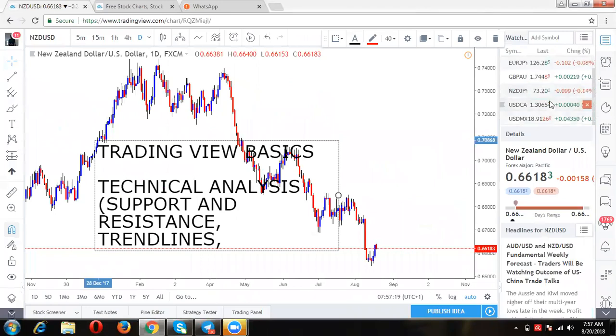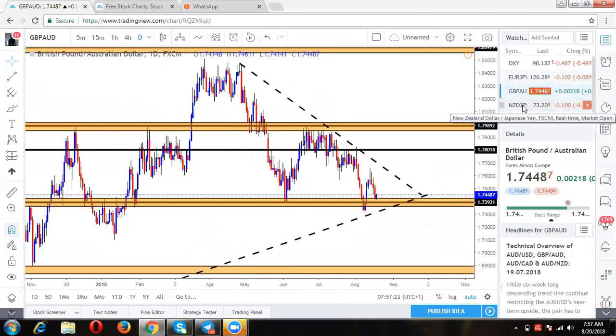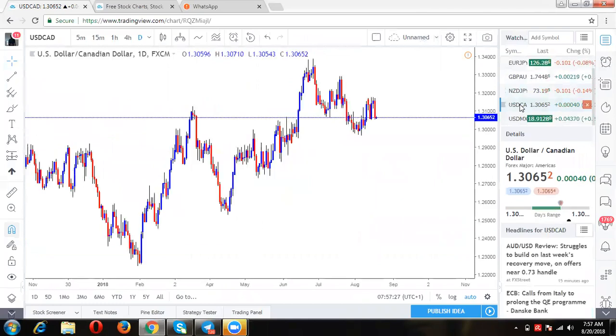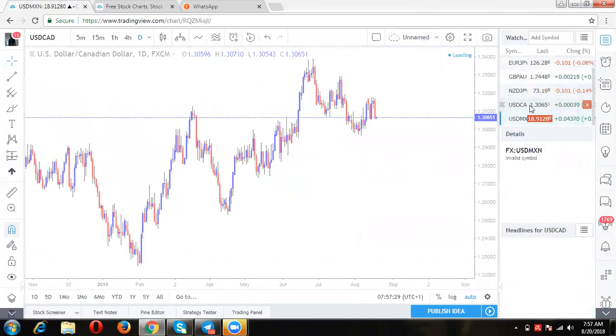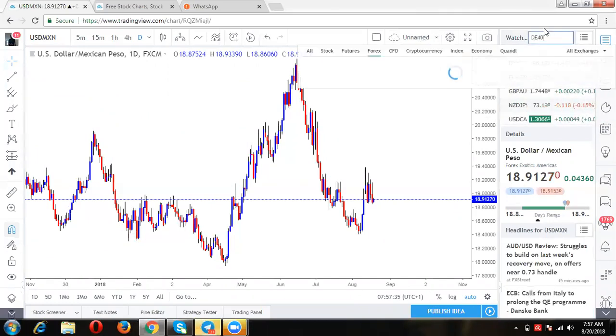Some pairs I look out for: GBPJPY, USDCAD, USDMXN. I used to have one other one, DE30.